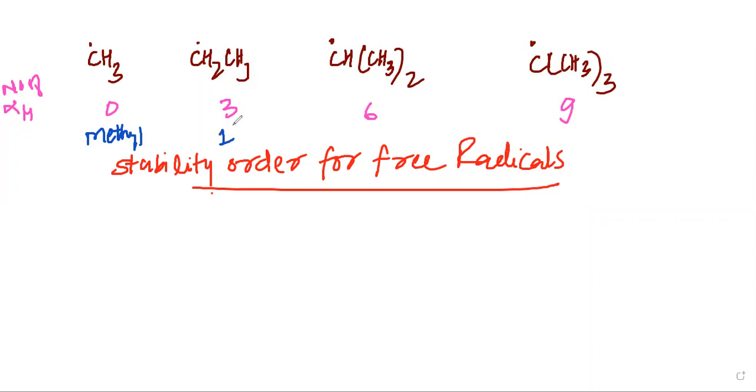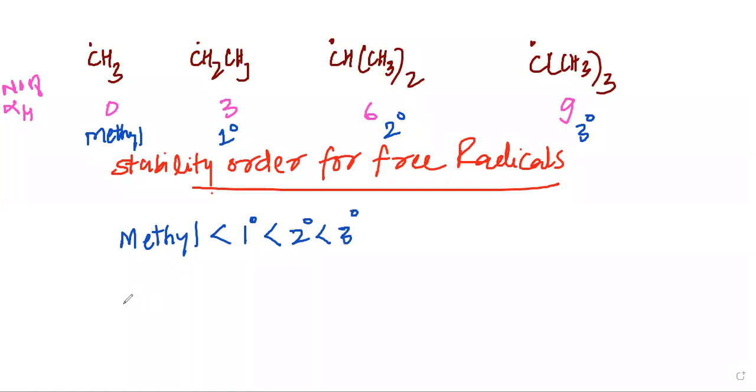This is what is known as the primary free radical. This is what is known as the secondary free radical. This is what is known as the tertiary free radical. So what we can write is methyl free radical is less stable than primary free radical. Primary free radical is less stable than secondary free radical. Secondary free radical is less stable than tertiary free radical.